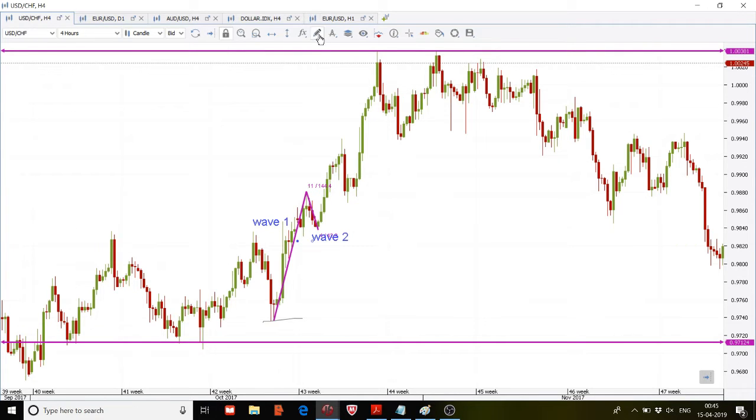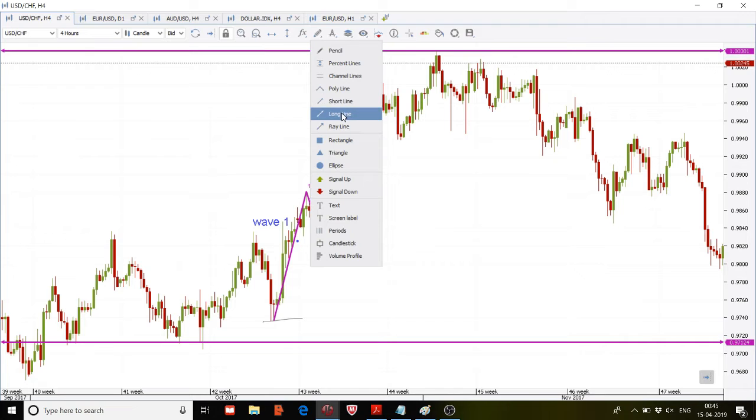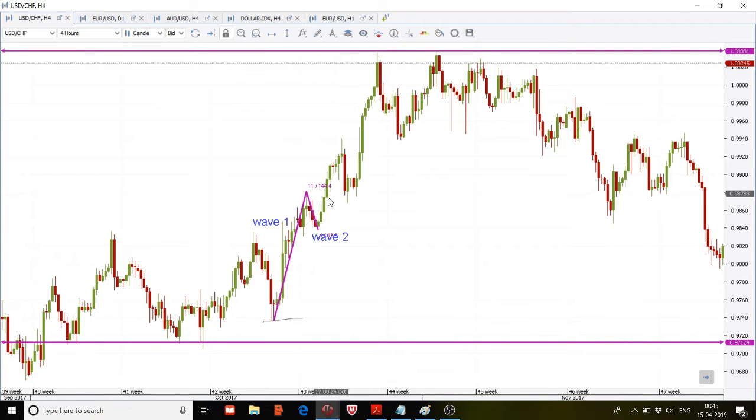Then we can easily get the wave 3. Wave 3 should be the longest when we compare it to wave 1 and wave 5.